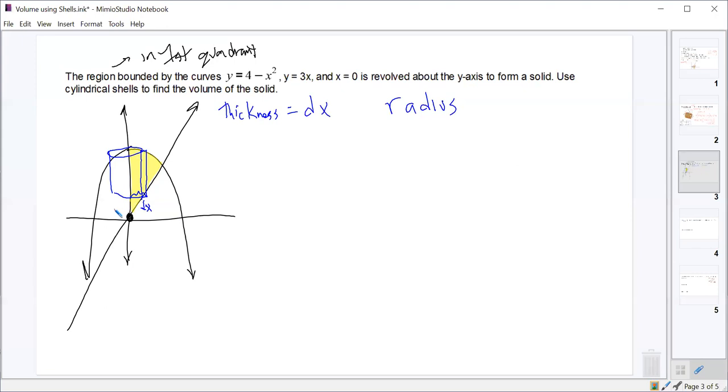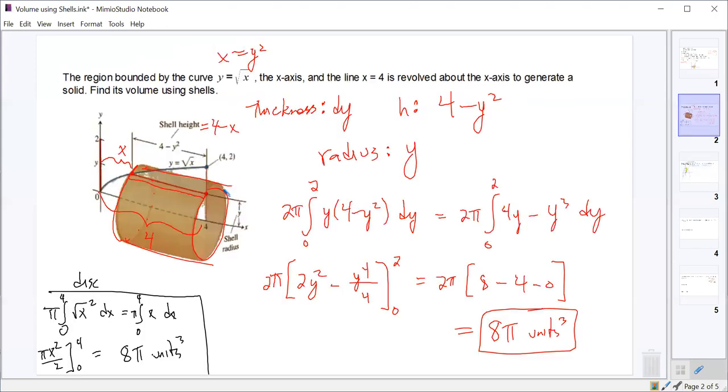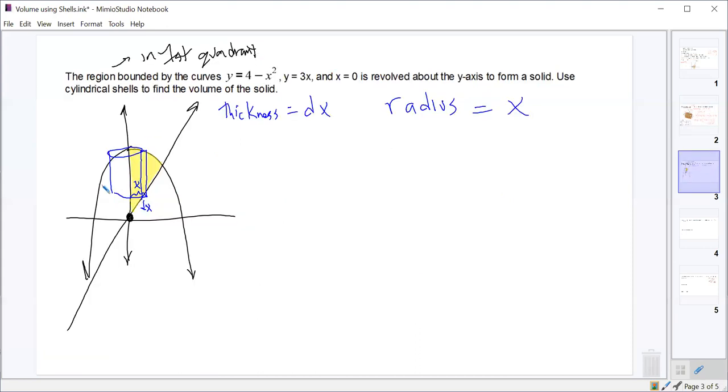And how do we measure any distance from the y-axis going to the right? x. Always x. So our radius is x. And like I mentioned in the last one, anytime you're revolving around the y-axis, your radius will just be x for shells. Just like if we revolved around the x-axis, our radius was y. We revolve around the y-axis, our radius for shells is x.